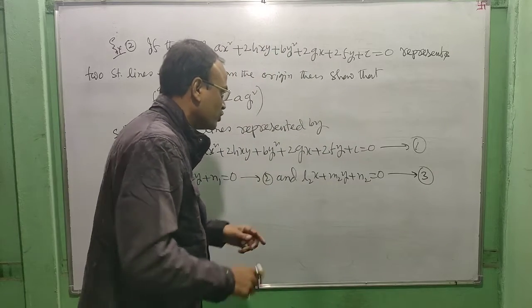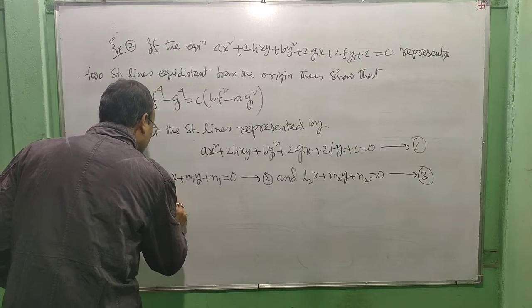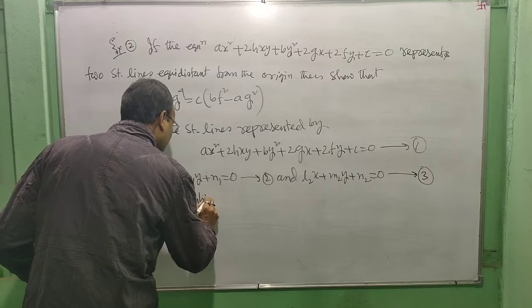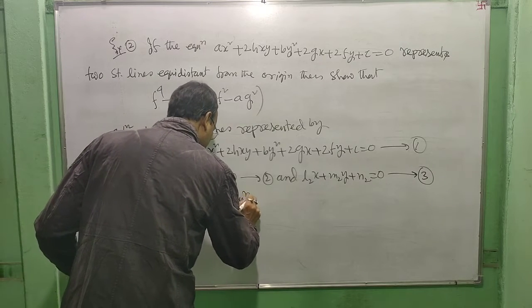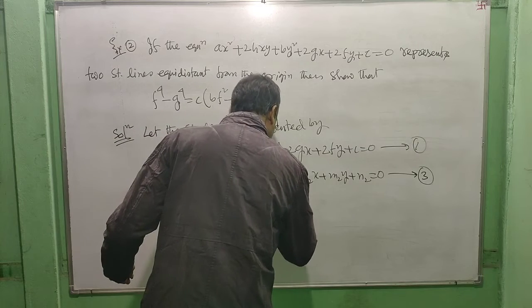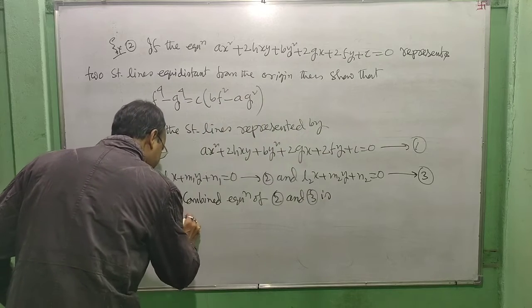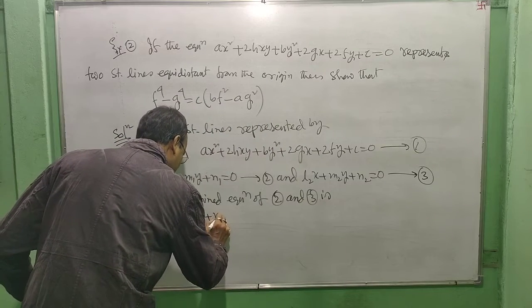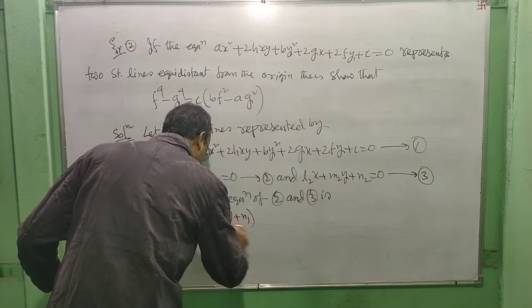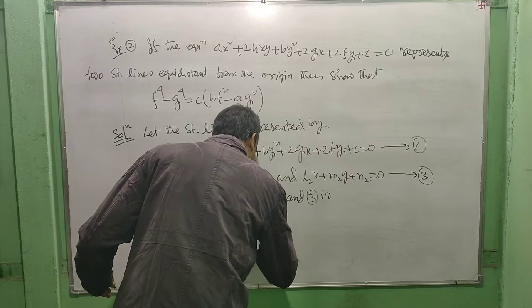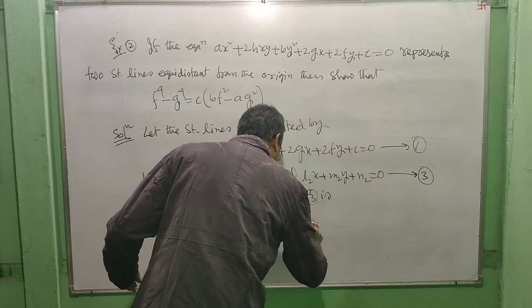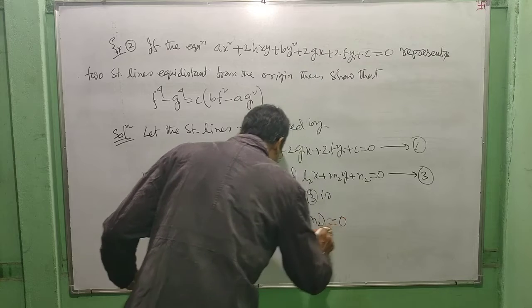The combined equation of 2 and 3 is L1x plus M1y plus N1 into L2x plus M2y plus N2 equal to 0.